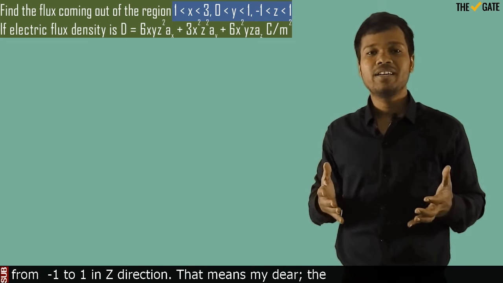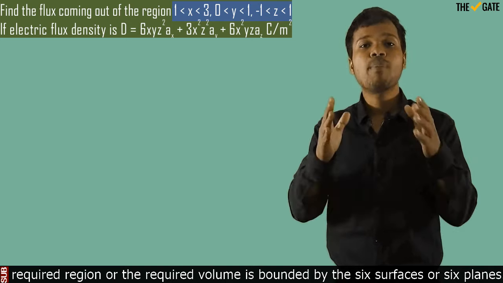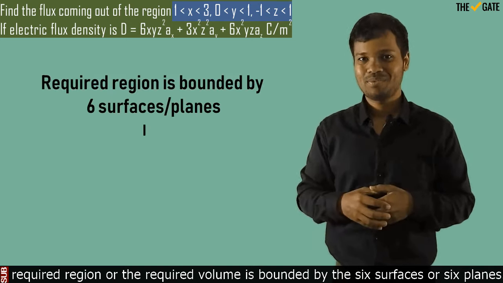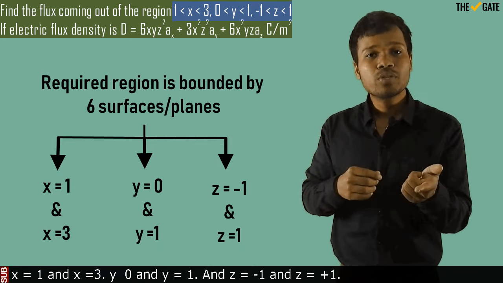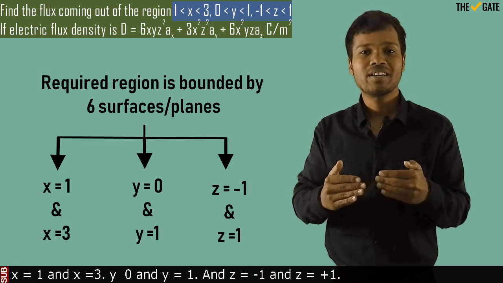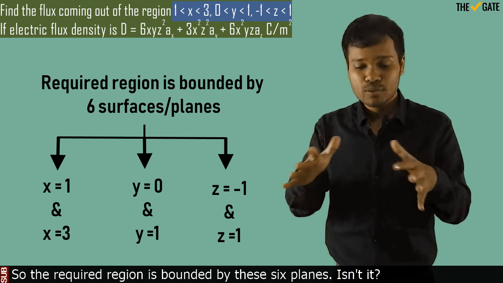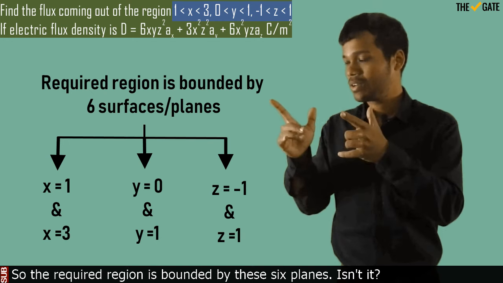That means, my dear, the required region or the required volume is bounded by the 6 surfaces or 6 planes: X equal to 1 and X equal to 3, Y equal to 0 and Y equal to 1, and Z equal to -1 and Z equal to +1. So the required region is bounded by these 6 planes, isn't it?